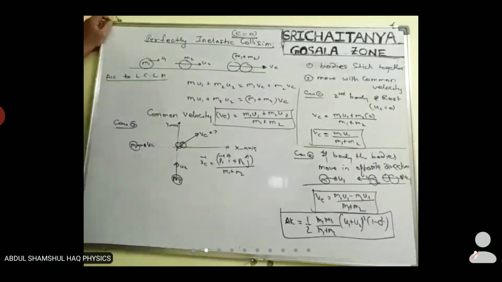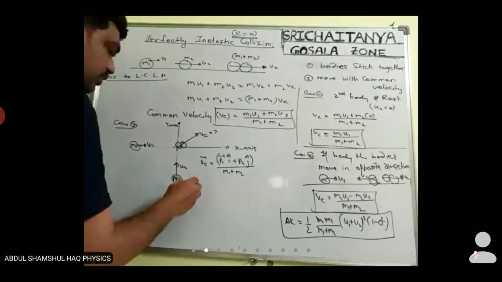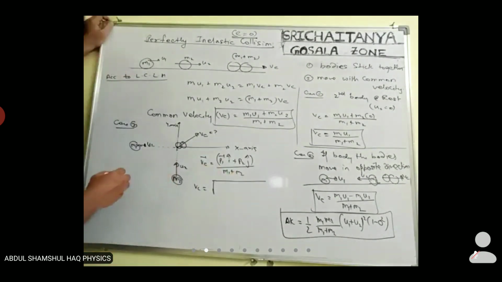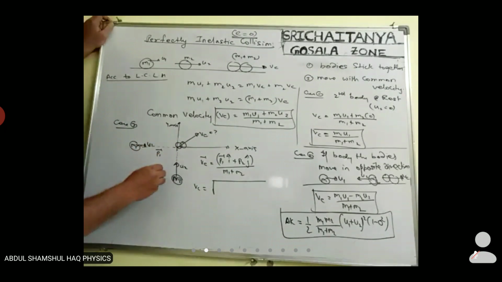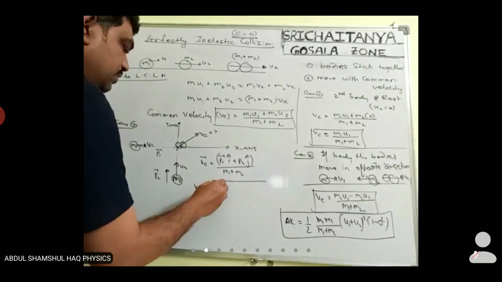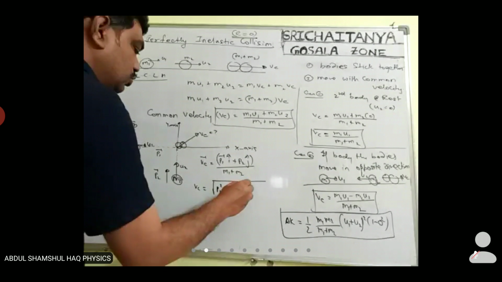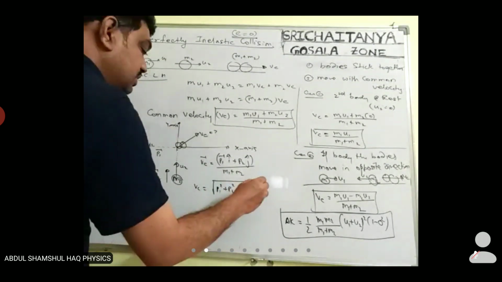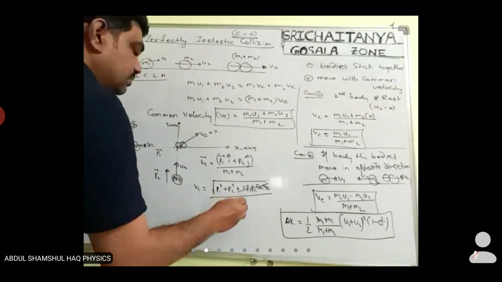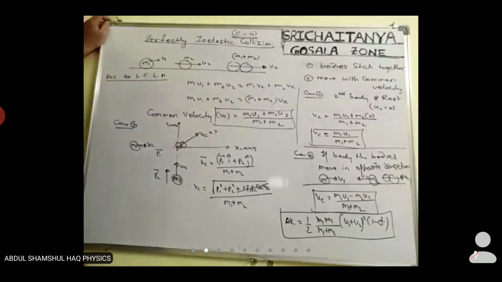You understood now? Here v common in this case is equal to, as the two vectors are perpendicular, this vector is P1 bar and this vector is P2 bar, and the angle between them is a right angle. So P1 square plus P2 square plus 2 P1 P2 cos 90, this will vanish, whole divided by m1 plus m2.